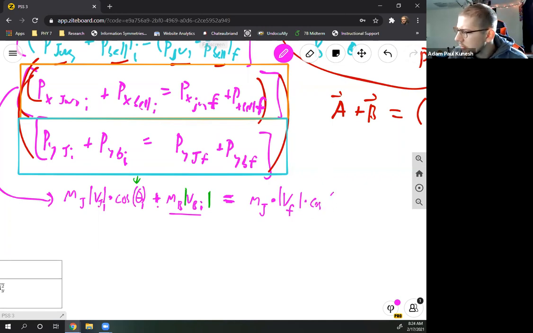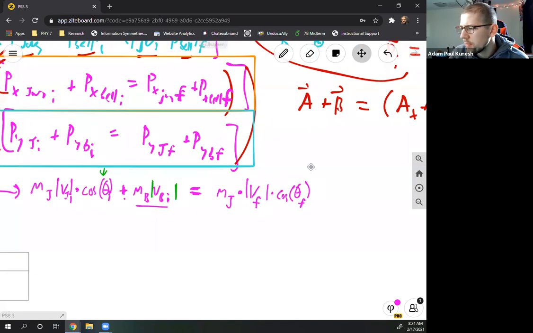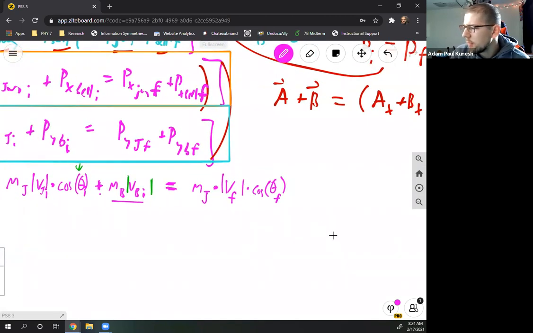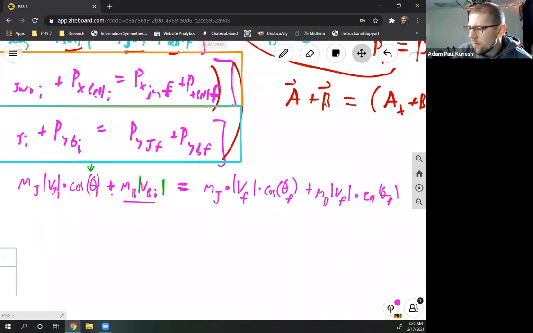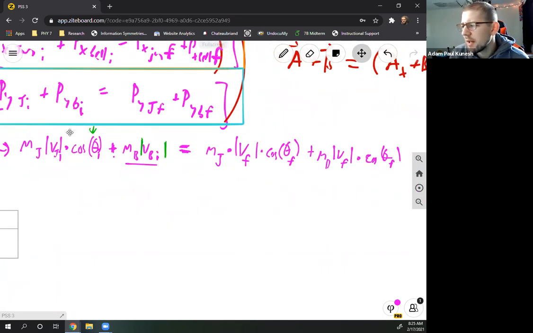Times cosine of theta final, which is the same angle for both because the ball and Jersey are stuck together, plus the mass of the ball times magnitude V final times cosine of theta final. Okay, so there's my x direction version.